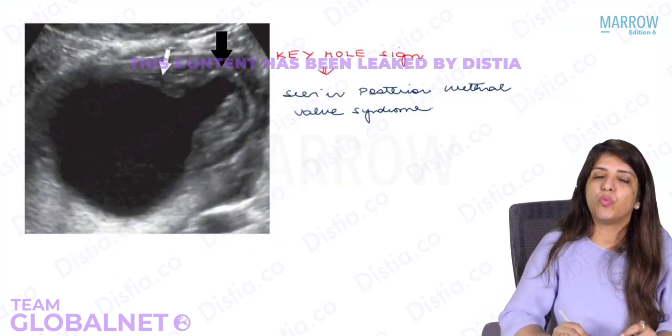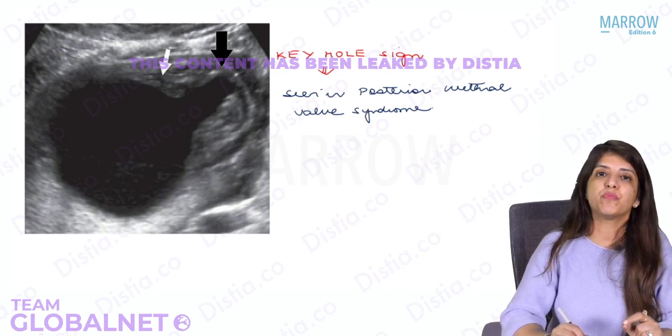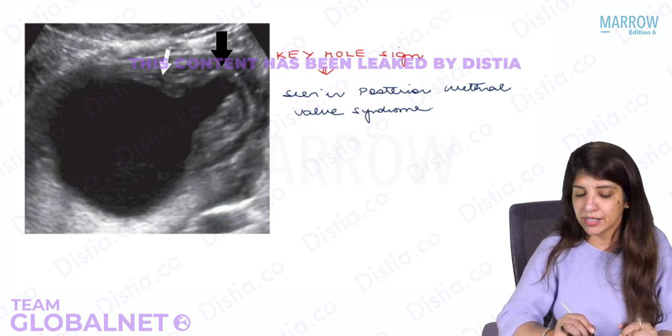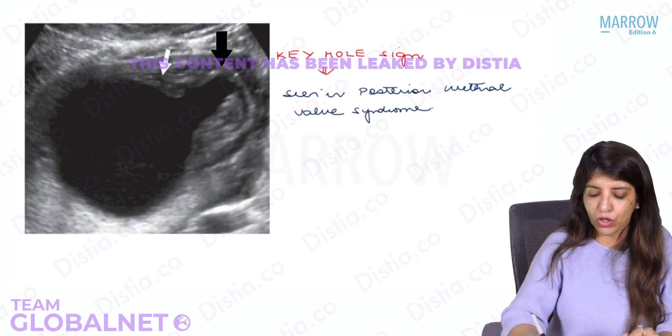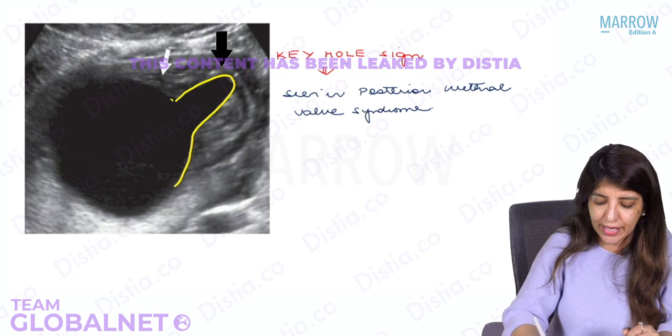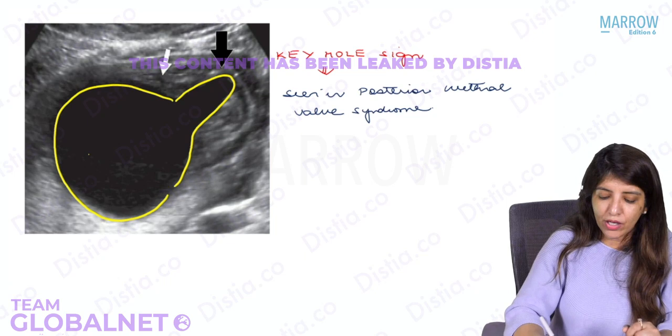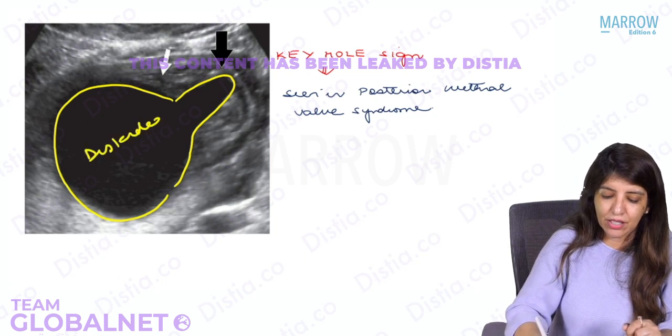Now, this is one ultrasound again where I want you to see how OBS and radiology can be integrated. In this ultrasound, what is this typical sign called? This typical sign is called a keyhole sign, where you can see a distended bladder.